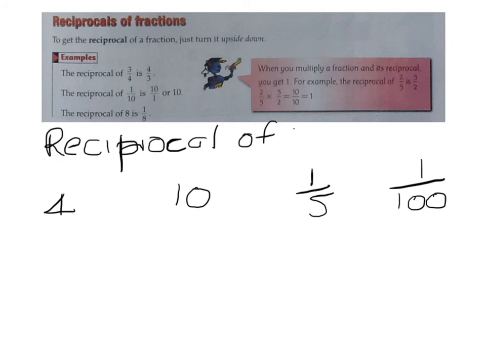So writing with my wonky pen here on the screen, the reciprocal of 4 is 1/4. I turn that on its head, 4, I turn it into 1/4. The reciprocal of 10 is 1/10. The reciprocal of 1/5 is 5, and the reciprocal of 1/100 is 100.